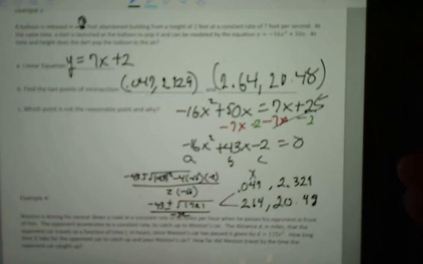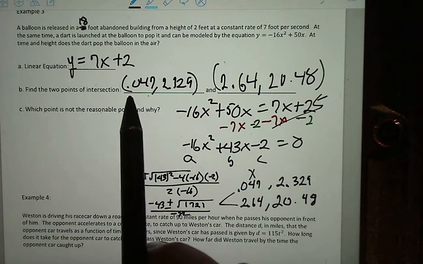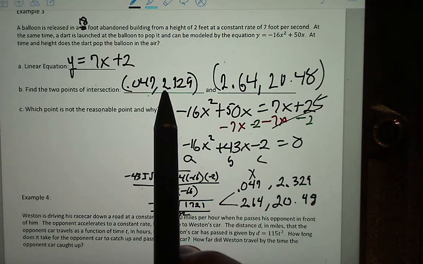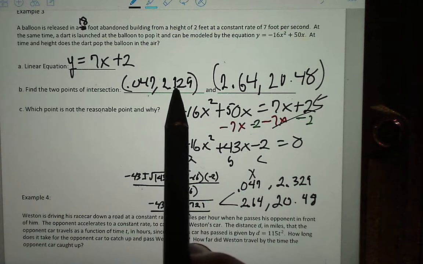So here's basically what happens. This first answer makes sense because at 0.047 seconds, the balloon will be popped at 2.329 feet.